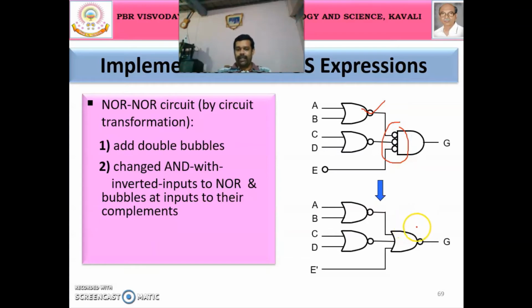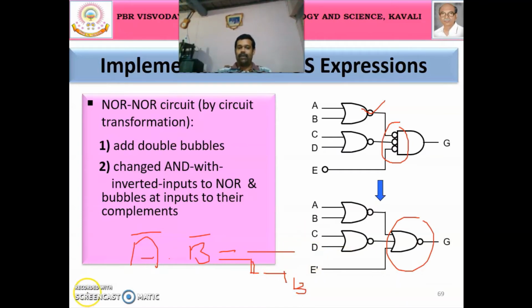Then you have to convert that AND gate with the inverted inputs to NOR gates. Why? Because A bar into B bar is equal to A plus B the whole bar.